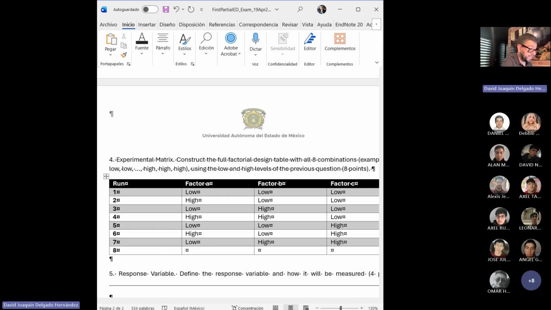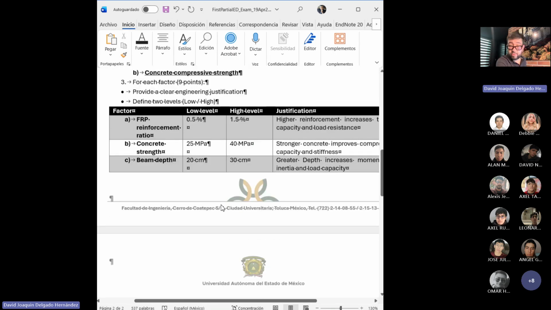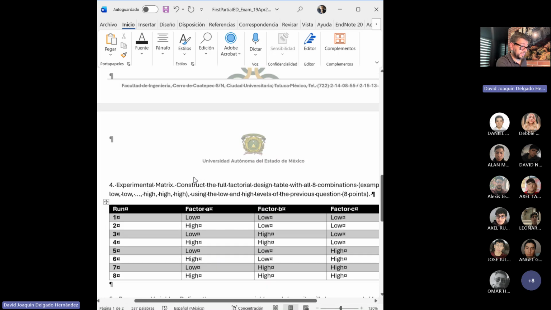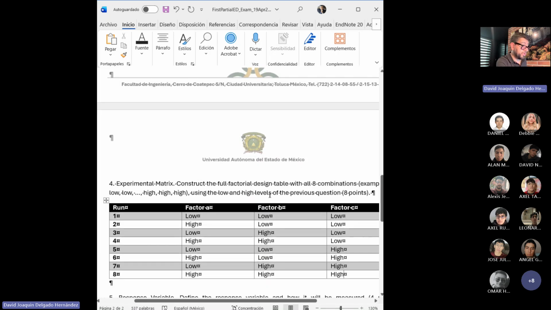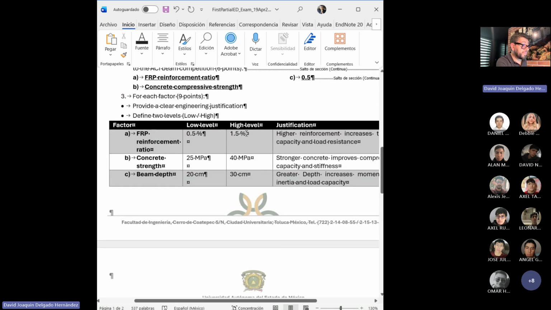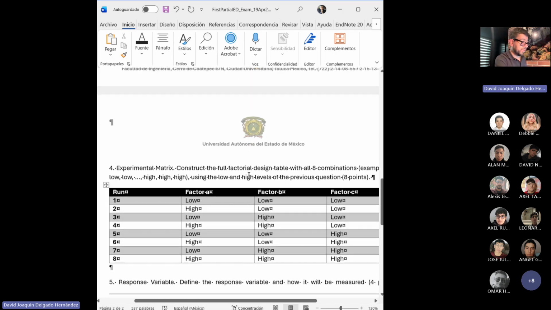And finally, the eighth, everything is going to be high. So you put high, high, and high. Again, it was correct if you put these values instead of the words. You could put here 0.5, 25, and 20, for instance, in this case, right? Or you could put here in the very last case, you could put 1.5, 40, and 30. It was correct. Any of them was correct.